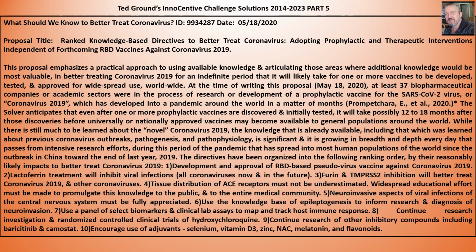There's a number of coronaviruses, but this particular one was quite a challenge to the world for a number of years, and I guess it still continues to be. But the seeker here was just asking people's opinions around the world. What should we do to better treat coronavirus?